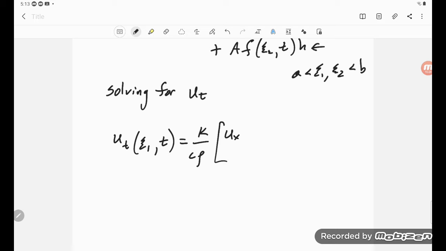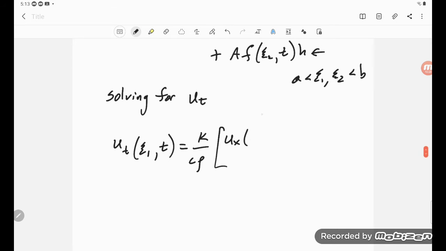So that was the derivative with respect to x at the right-hand side. So that flux, but we want a net flux, so we're doing the subtraction. U sub x at the left-hand side, like that. But now that all gets divided by h.